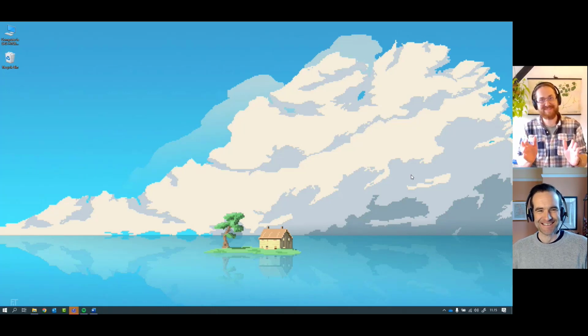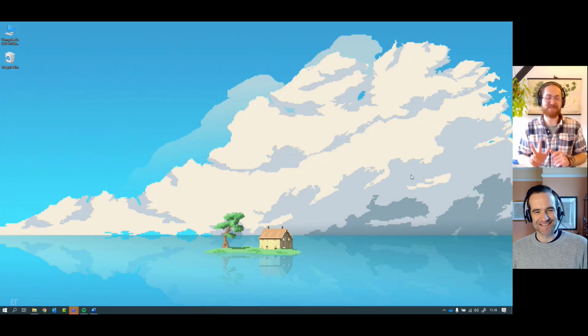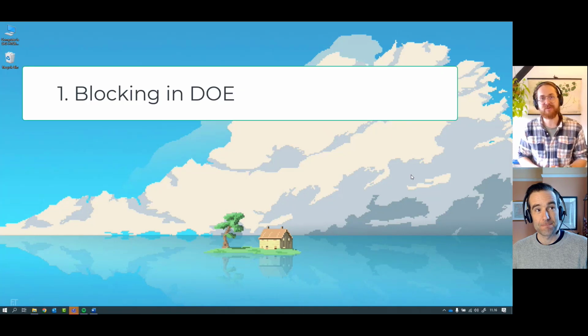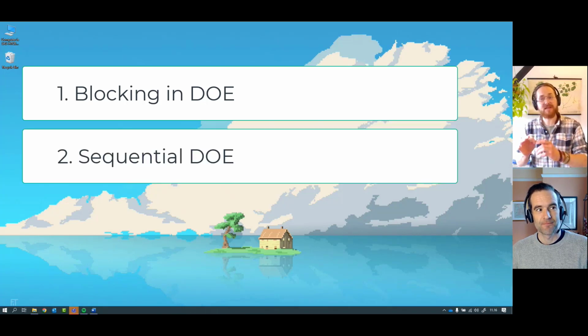No. So there are three possibilities we can talk about, and you get to choose. One is that someone reached out to me on LinkedIn wanting a specific design of experiment with some continuous factors and some categorical factors in a blocked run. Another is a definitive screening design that we then realize is not enough, a sequential design of experiment.